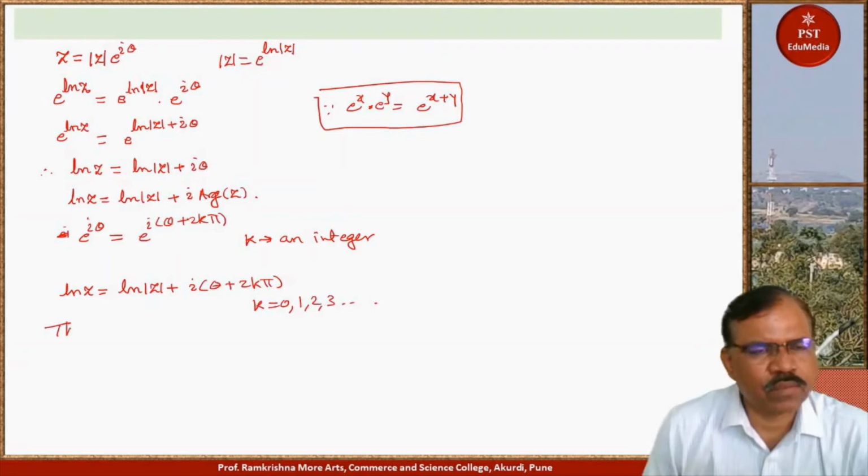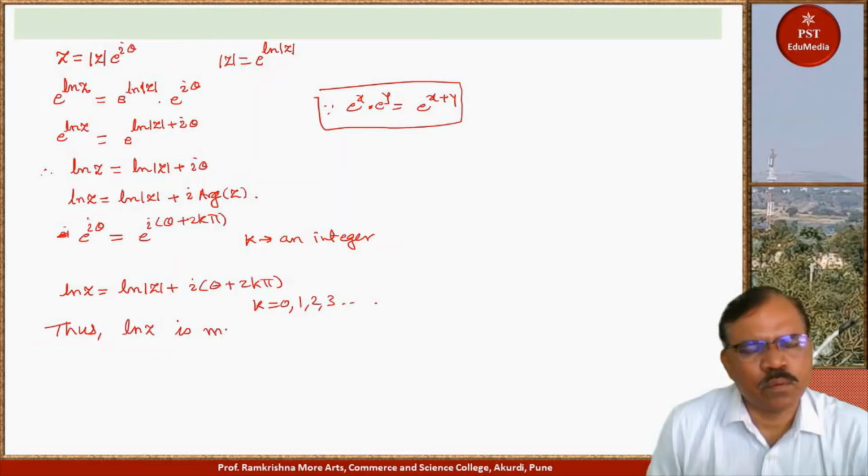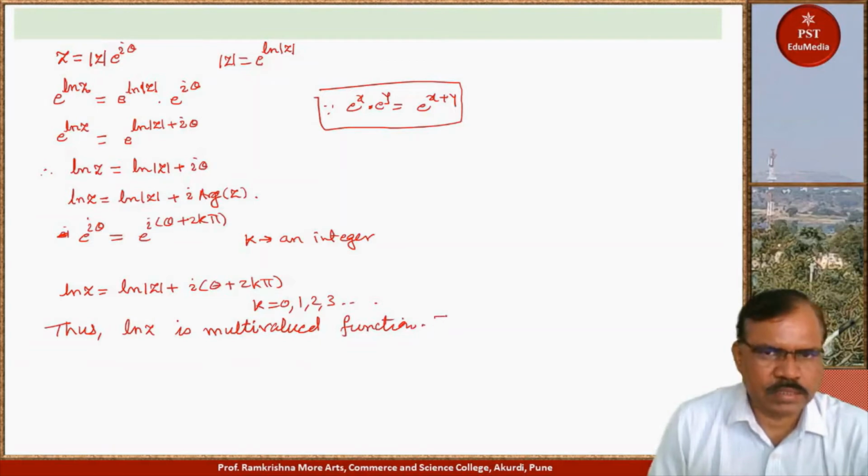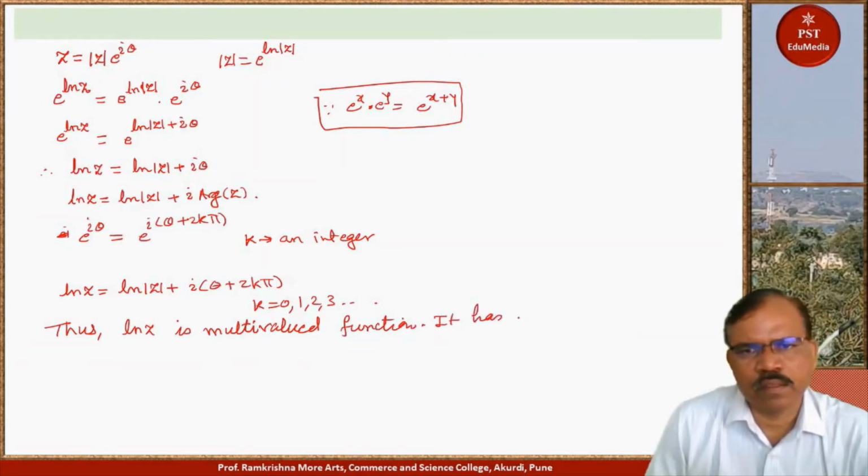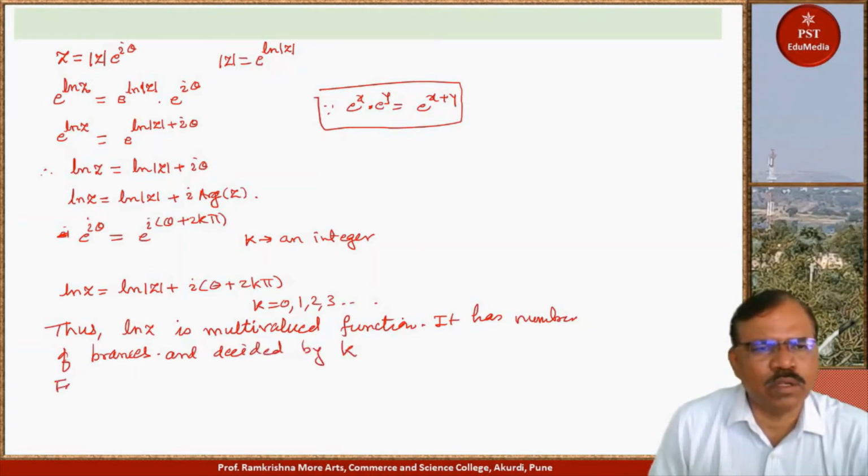So thus we can say log z is a multi-valued function. Multi-valued function means it has number of branches, and those branches are decided by k. So for k is equal to 0, we get principal branch.